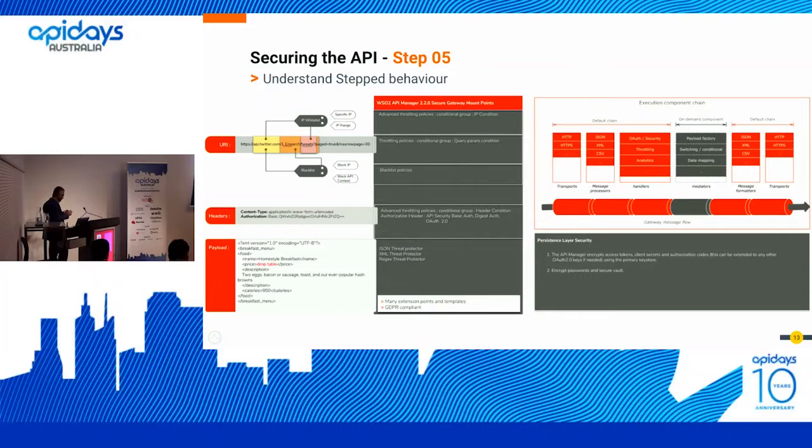So it's always a sequence of activities performed on the API request path, and the platform that we are using to implement the API security should be able to plug these components in at different places on the API value chain. Right?